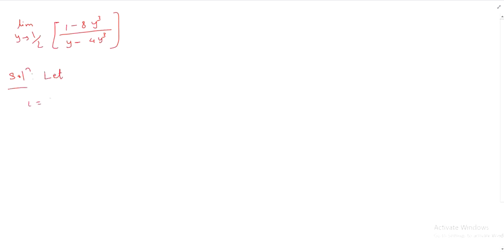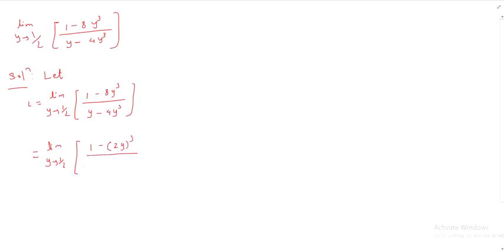Let L is equal to limit y tends to half in bracket 1 minus 8y cube by y minus 4y cube. Now here, limit y tends to half, this term can be written as 1 minus 8y cube upon, taking y common, y into 1 minus 4y square.